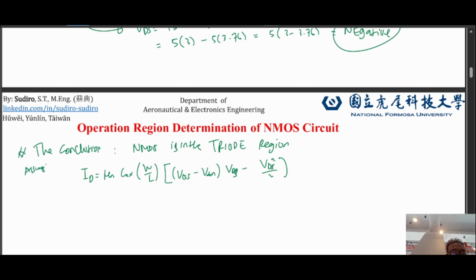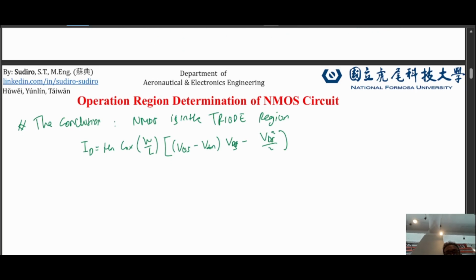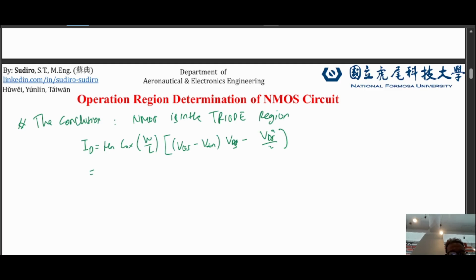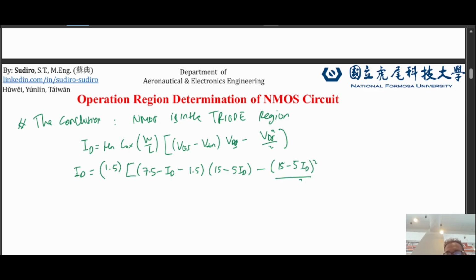I think we don't need to assume this one because I confidently say that this is true, so I can write directly that ID will equal to 1.5 times VGS, the VGS is 7.5 minus ID, minus 1.5 times VDS is 15 minus 5 ID minus (15 minus 5 ID) square over 2.